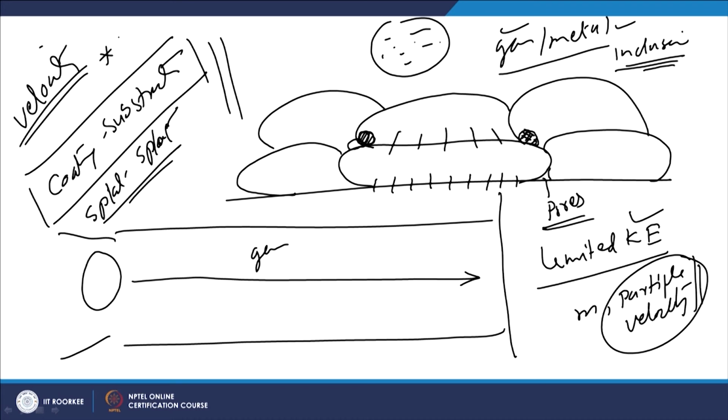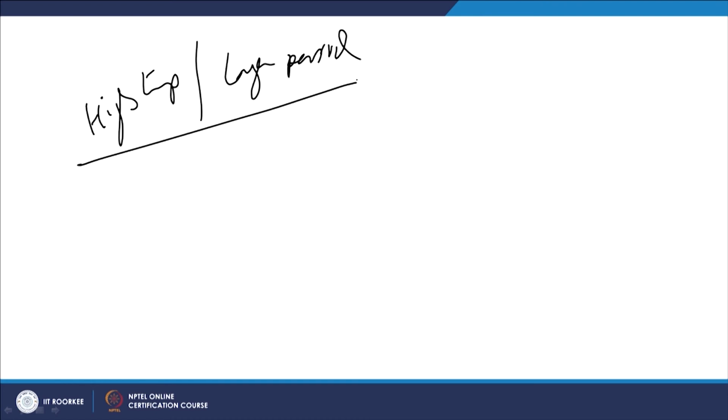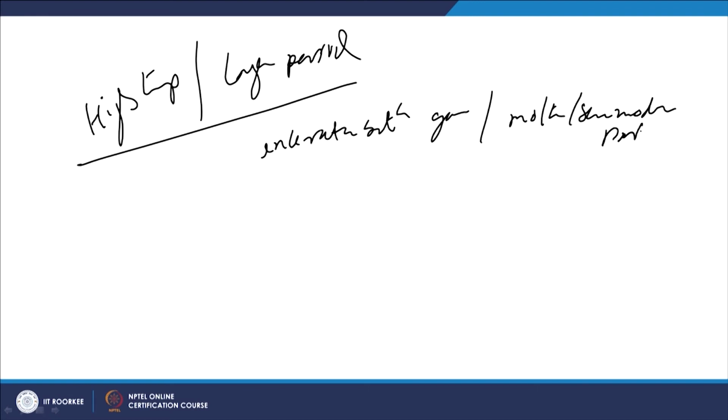So, now we will see what are the possibilities due to too high temperature exposure for a longer period. What kind of damages can take place? So, the damages which are observed primarily are in the form of increased interaction between the gases around and the molten or semi molten feedstock material particles.